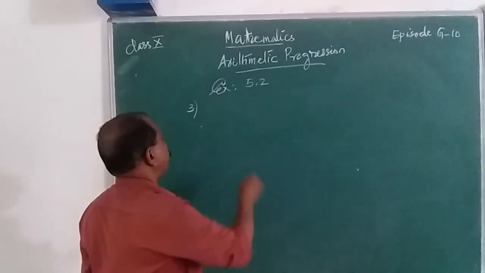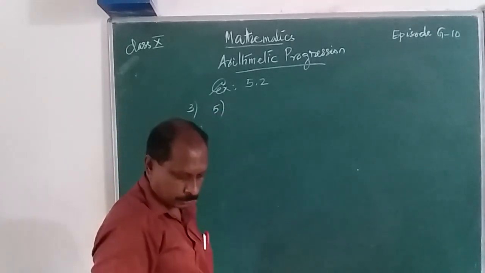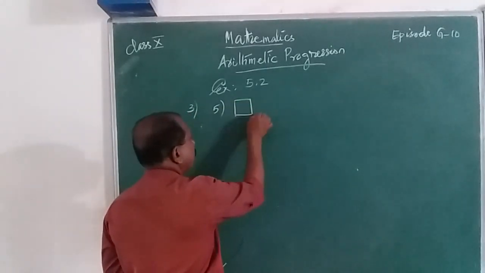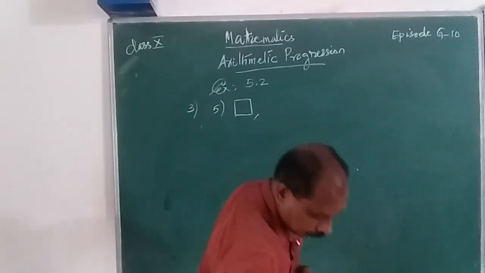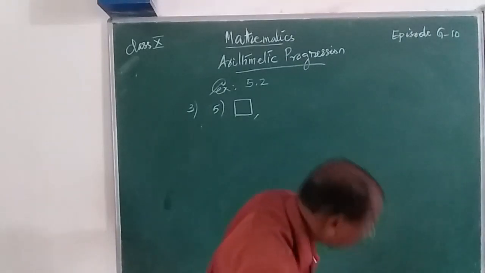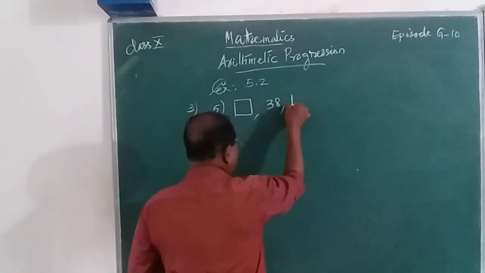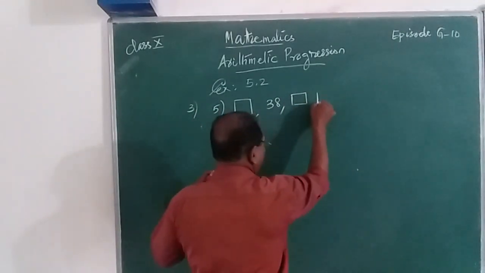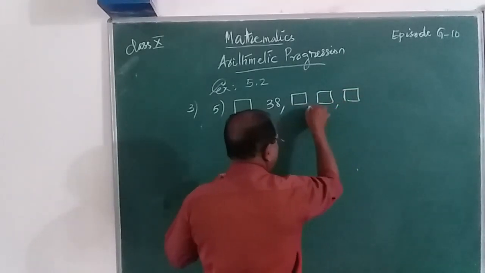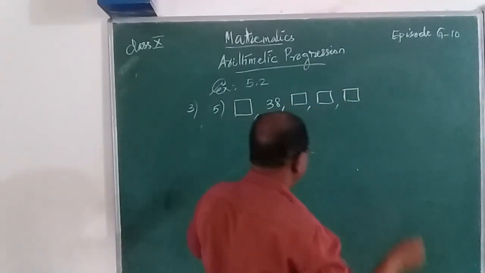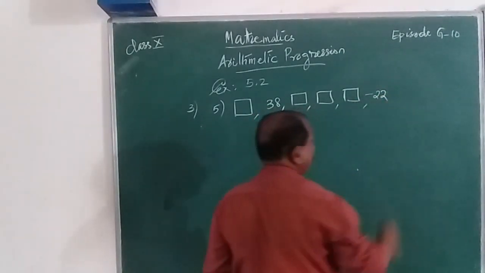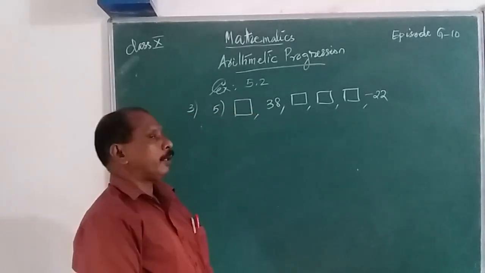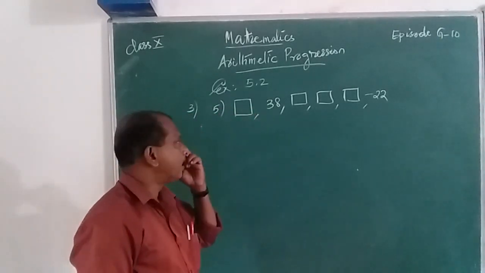Then question number 5 for that main question 3. First missing, second 38, then third, fourth, fifth, and also minus 22. This is the fifth question of that exercise 5.2 for main question 3.